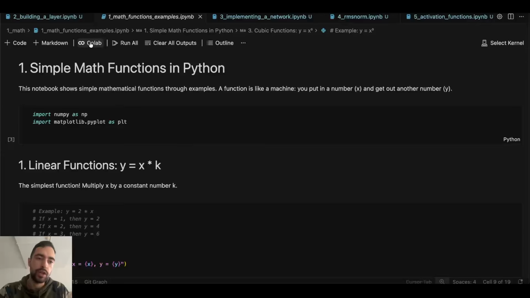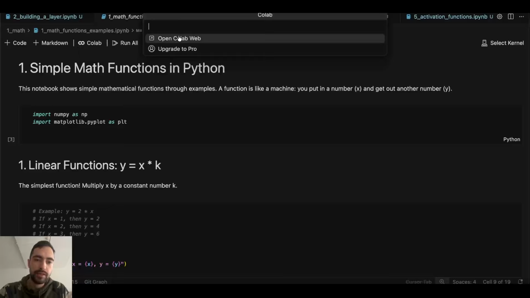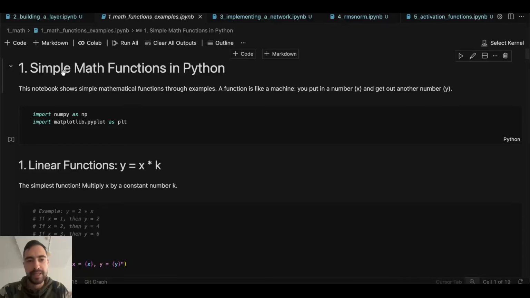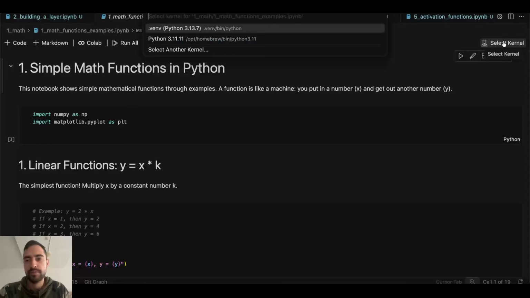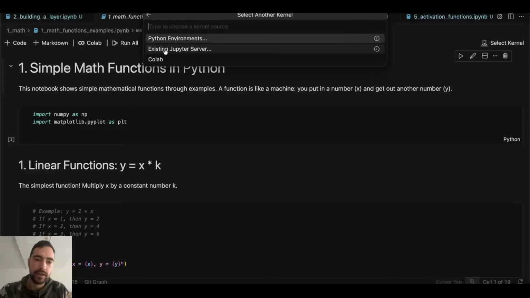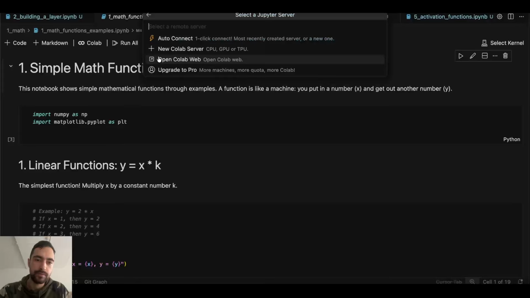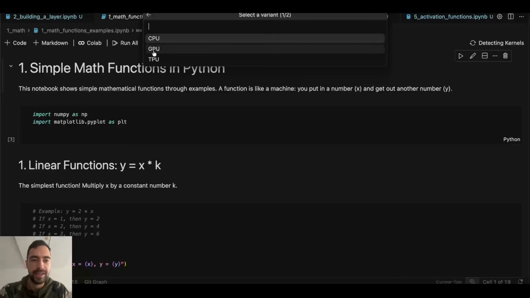If you install the Google Colab extension, you can click here Google Colab and say open Google Colab web, but I don't want to open this on web. I want to select kernel with which to activate this, select another kernel and then Colab. And then I can create a new Colab server and choose CPU in this case.